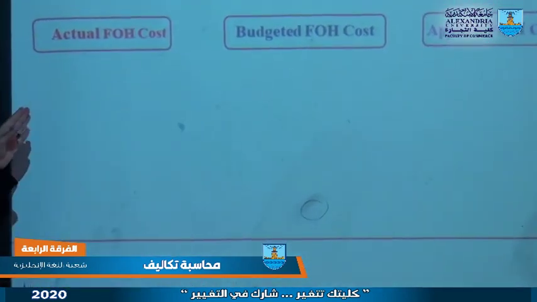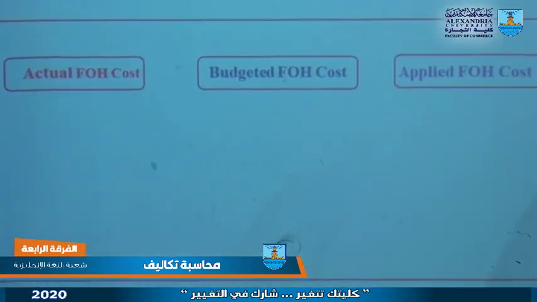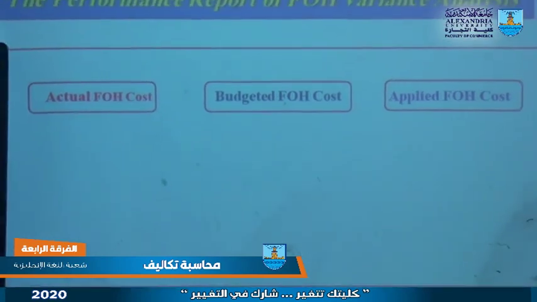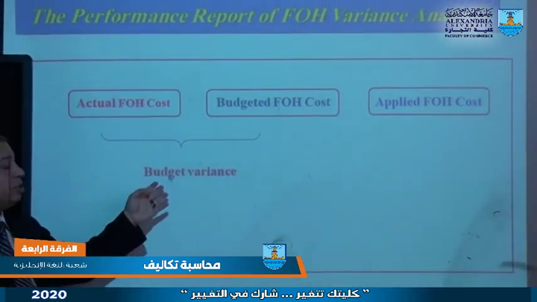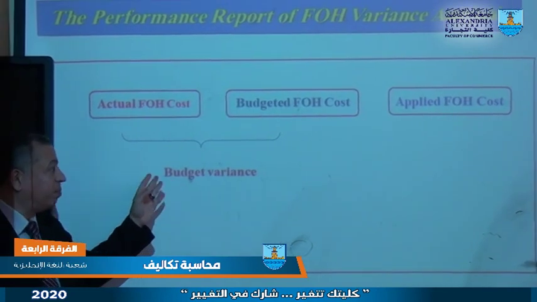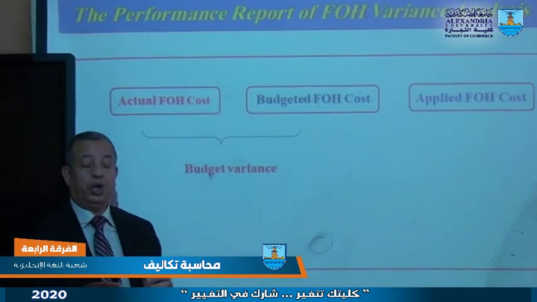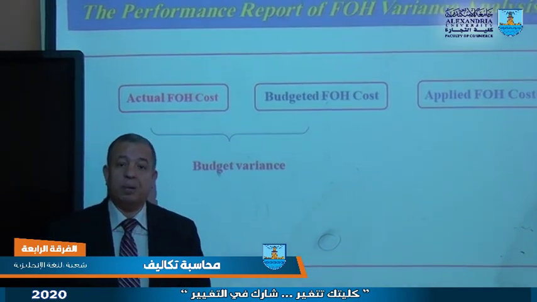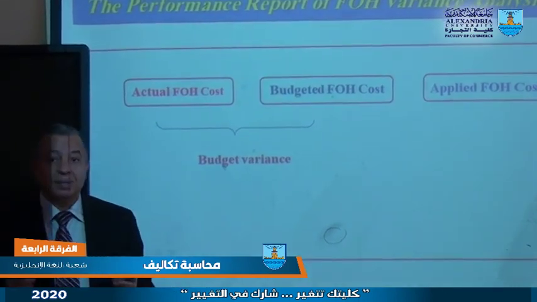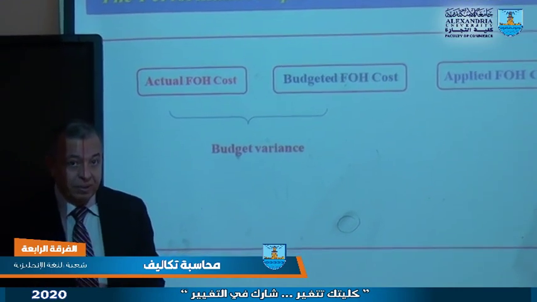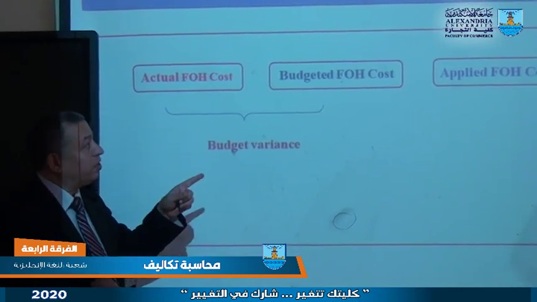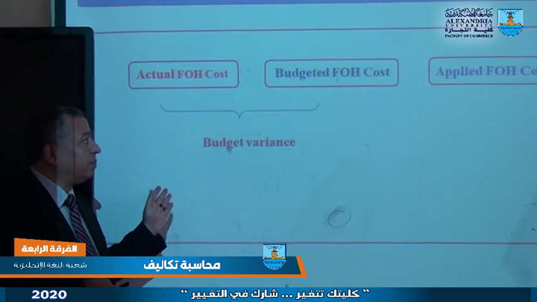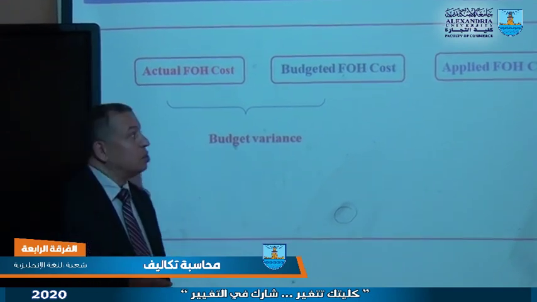The difference between actual and budgeted fixed overhead, we say budget variance. New terms for variances when I speak about fixed overhead analysis. Okay? The difference between 2 and 3, I mean the budgeted and applied.